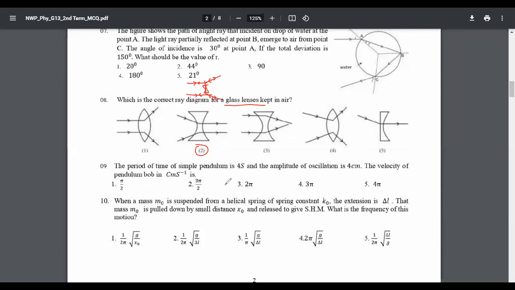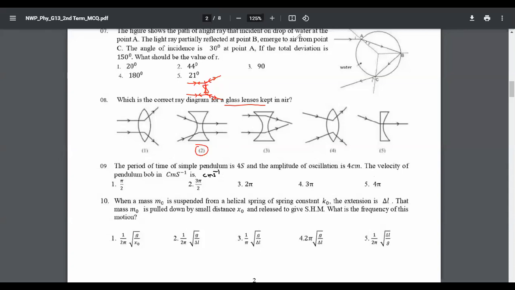Ninth one. The period of time of a simple pendulum is 4 seconds. The amplitude of oscillation is 4 centimeters. The velocity of the pendulum bob in centimeters per second. So horrible printing errors are here. Now, what is the problem in this question? What is the word missing here?